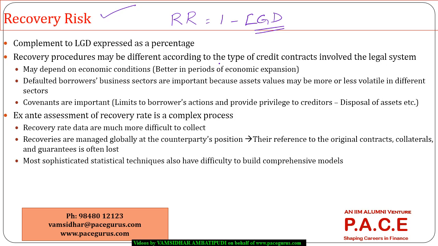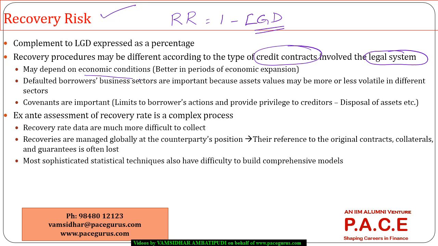And we have to understand that the recoveries are different based on the different types of credit contracts. For different kinds of credit contracts, we have different recovery methods, recovery amounts, and recovery processes, because the way the legal system is designed will determine the efficiency of the recovery process.